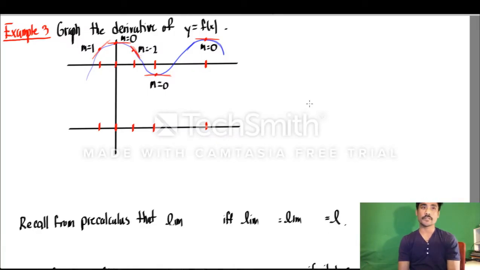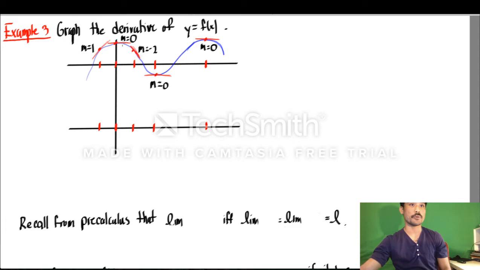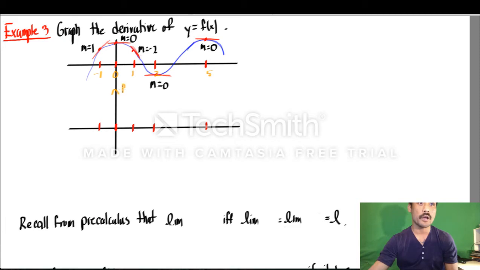For this third example, we're told to graph the derivative of the function. This function is represented in blue, where at certain points we have different slopes. Say this is -1, 0, 1, 2, and maybe we'll make this 5. When x is -1, I want to graph the derivative. This is our y-axis and this is our x-axis.